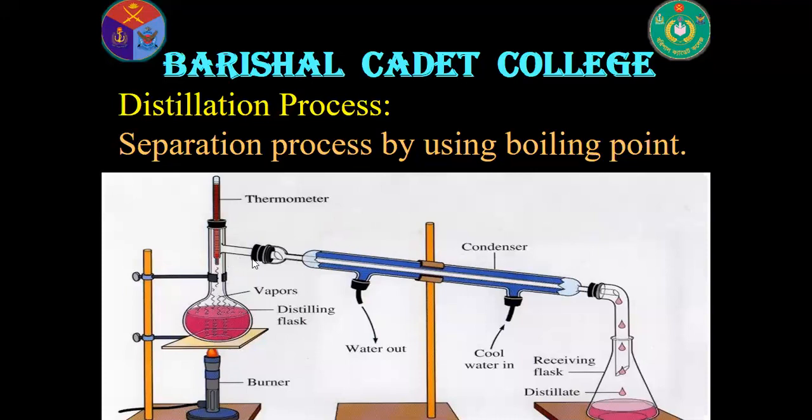The vapor passes through this Liebig condenser and goes to the receiver, cooled by water. Here, cold water enters and hot water goes out. It accepts heat from the vapor, and this vapor turns to liquid again. This is the process of distillation.